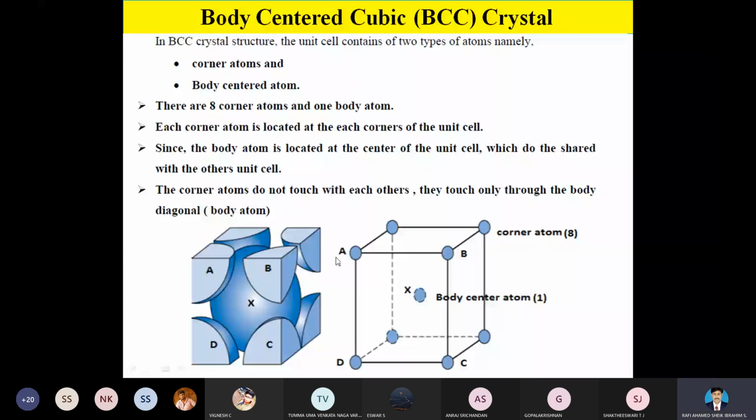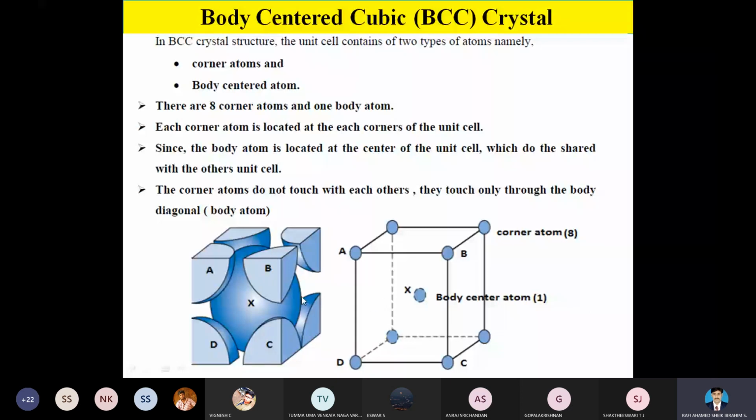The first figure is the exact crystal figure. The second figure is the simplest form of the figure. See here, we have corner atoms, and in addition to these corner atoms, I have placed one body-centered atom. That body-centered atom is located at the center of the cube.